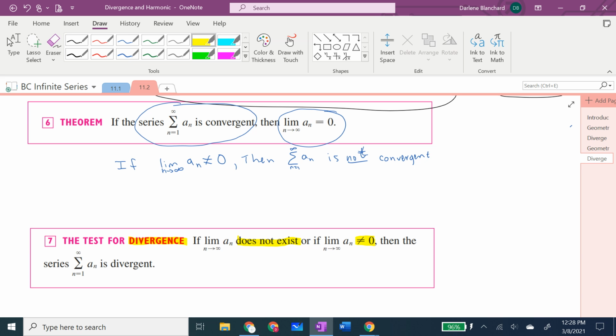But what you have to be careful of is accidentally thinking that the converse statement works, because it does not necessarily work. If you solve this limit and you get 0, this test means nothing to you. This test is only able to conclude divergent. It is only able to make that conclusion.